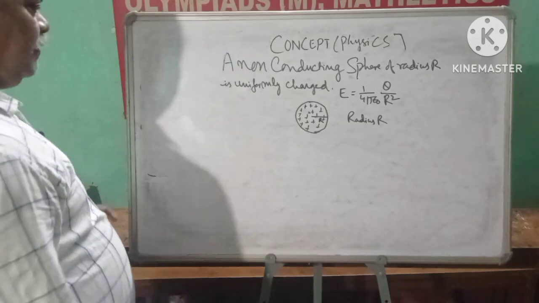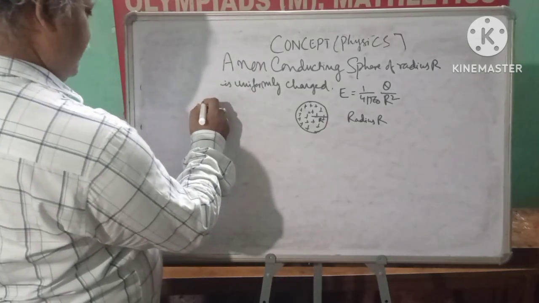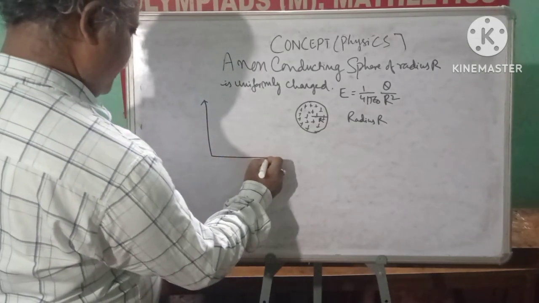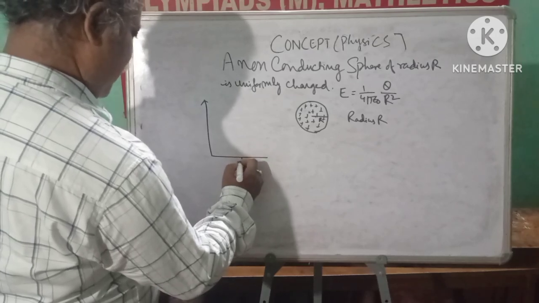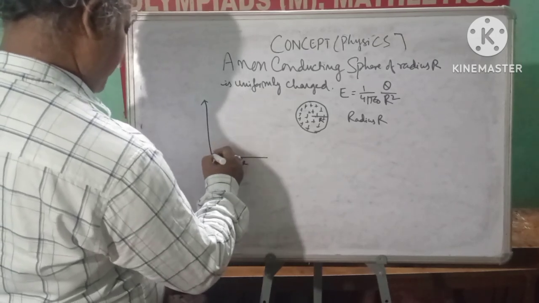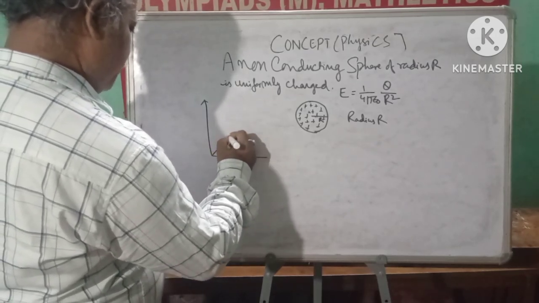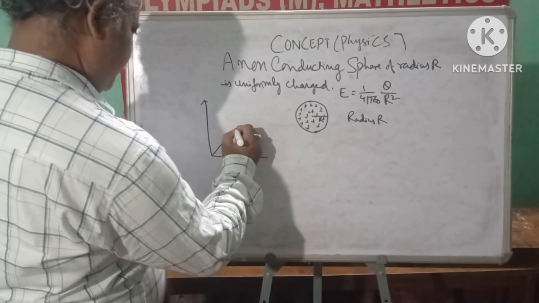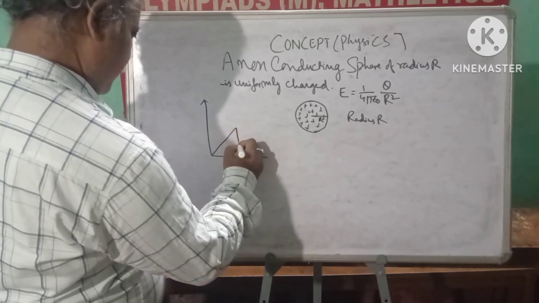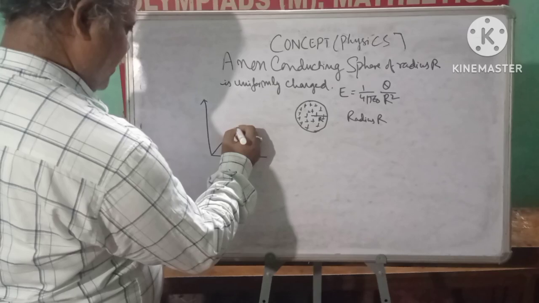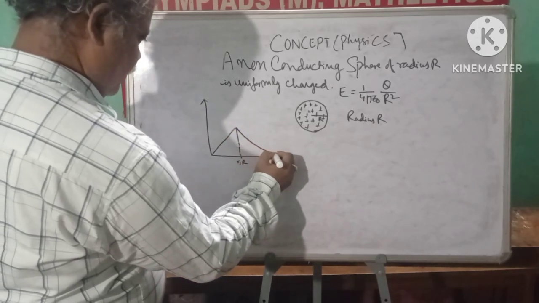The graph we get is like this: here r is equal to the radius. The electric field increases proportionally up to r, then it decreases.